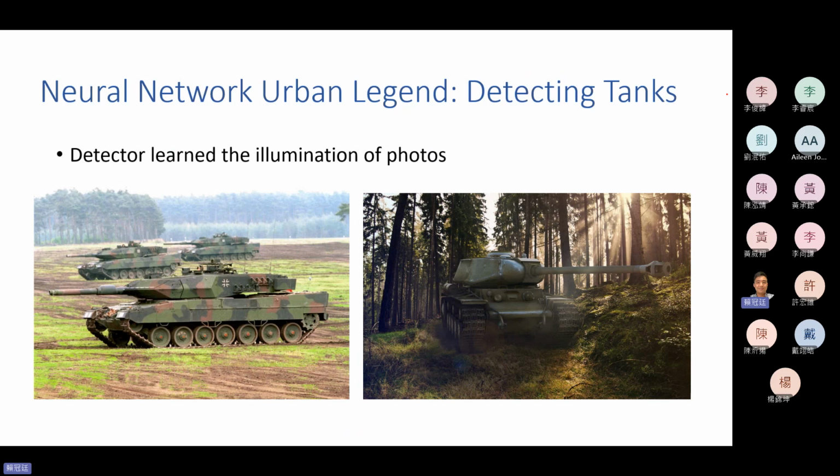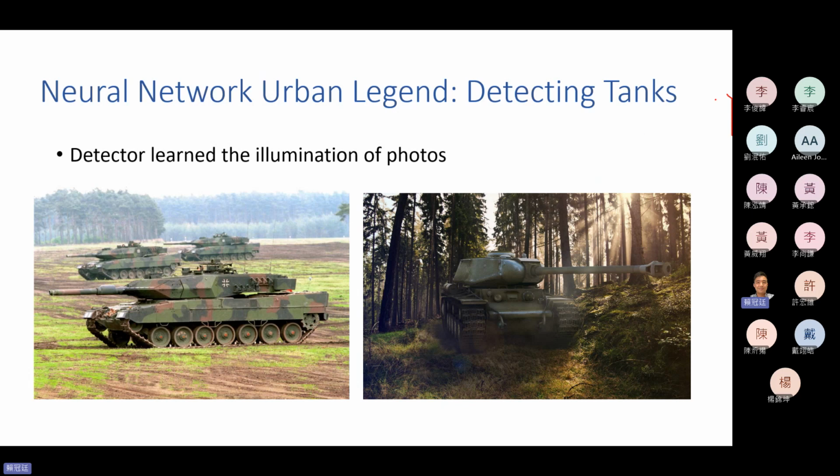They tried to identify tanks hiding in the woods, but they originally got 100% accuracy, so everybody was very excited. They found the way for AI to detect tanks, but after more training, it performed very badly on new images.